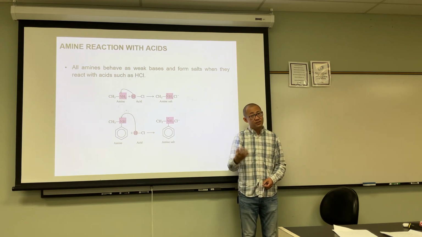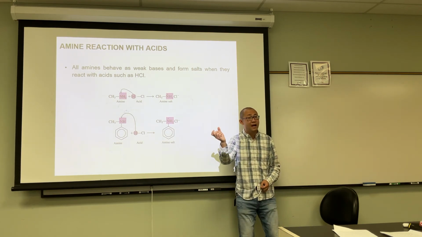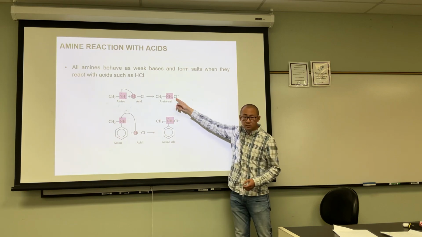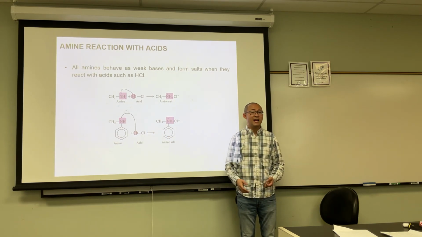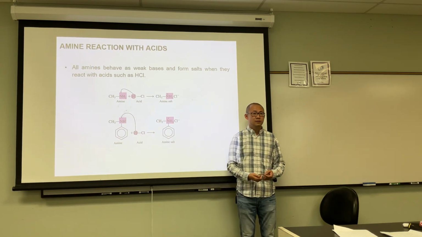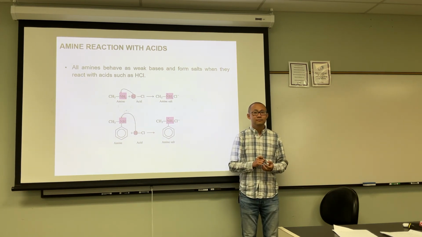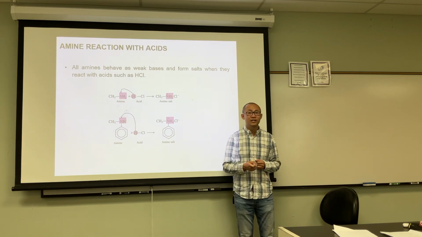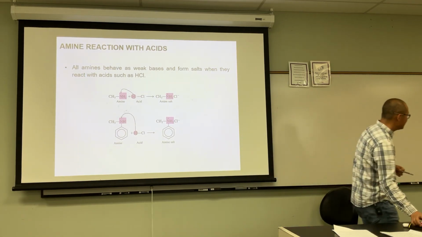The difference is that when reacting with water, the other ion is OH minus, or Cl minus from the acid. It depends on what you use to react with the amine. Any questions, guys? Does it make sense? These two reactions? Good? All right, let's take a look.